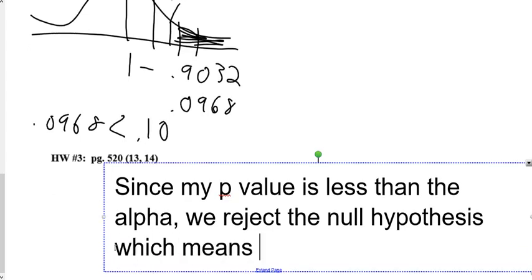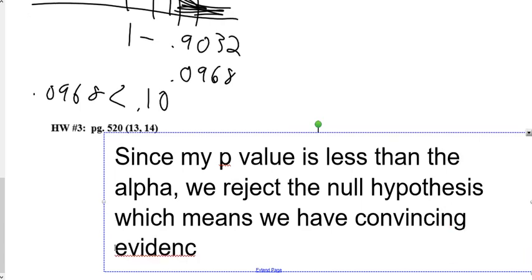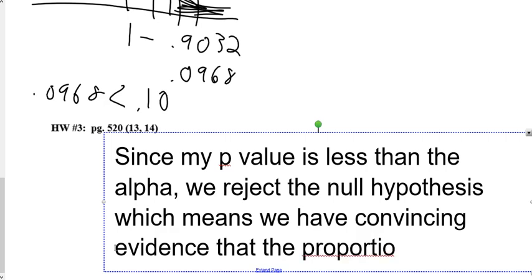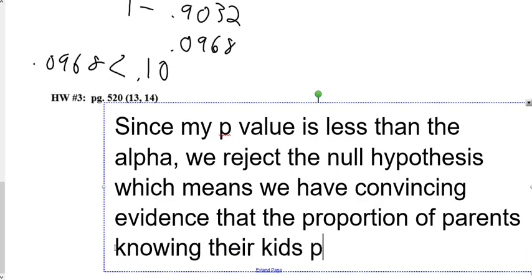Which means we have convincing evidence, same statement again, that the proportion, again, this comes right from our beginning, of parents knowing their kid's password is over 50%.